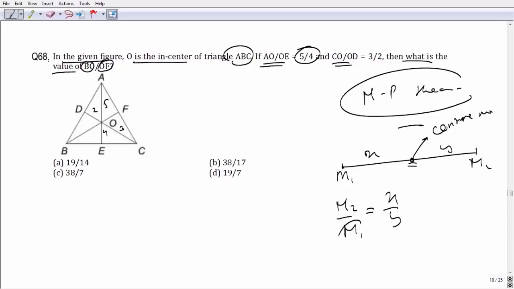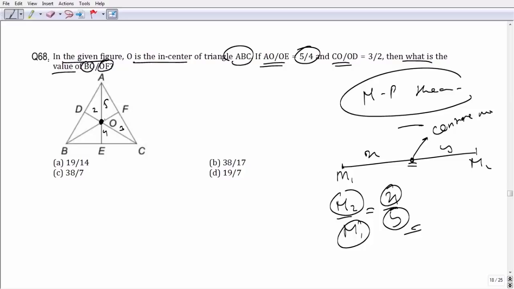That means the bigger the mass, the smaller will be the distance from it, and the smaller the mass, the bigger will be the distance with respect to the center of mass. So keeping this theorem in mind, we know that for the whole figure, the center of mass will always lie on the center of the figure, that is the incenter.